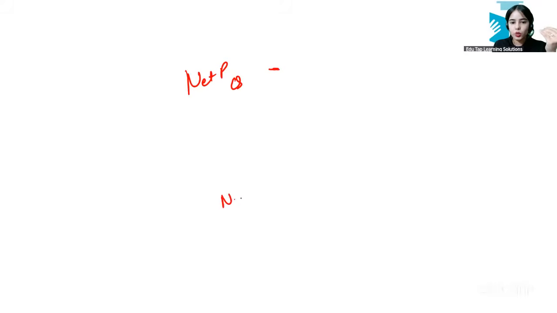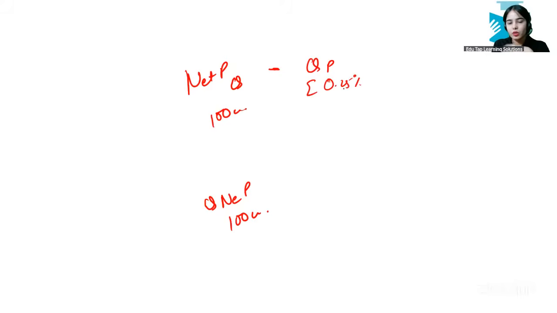Let's say the quarterly net profit is 100 crores. Deduct the quarterly dividend, that is 0.25 multiplied by the average of the dividend in the past 3 years. So this is the estimate of the quarterly dividend, let's say 25 crores. So what will be the undistributed profits?